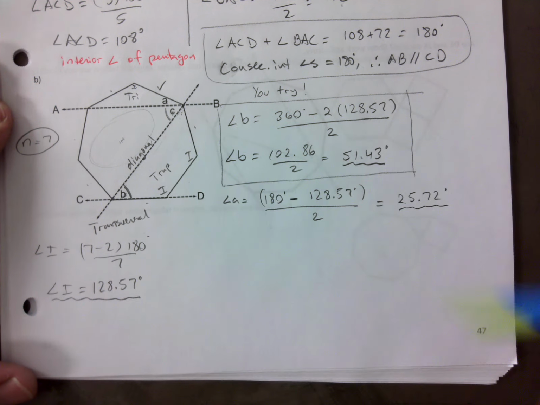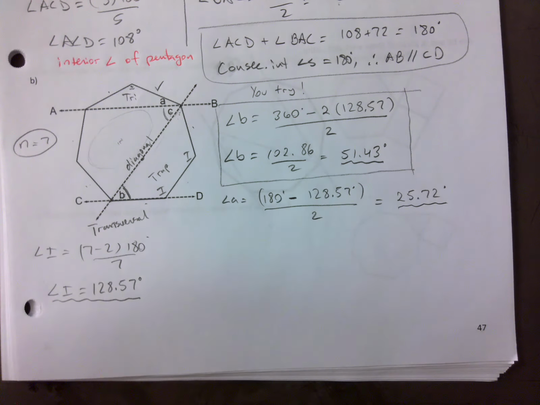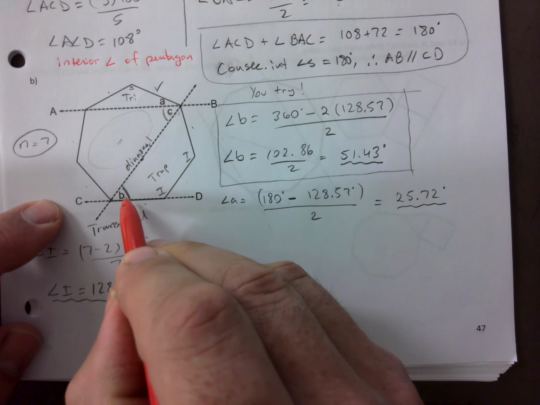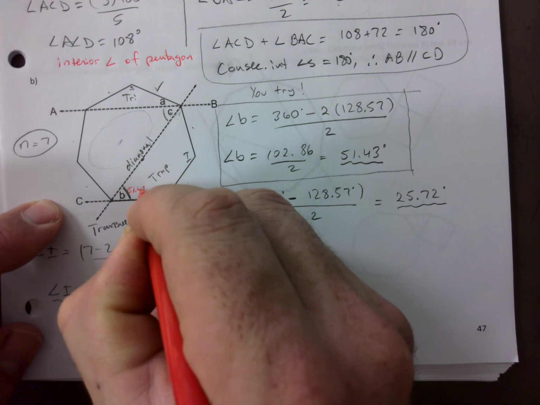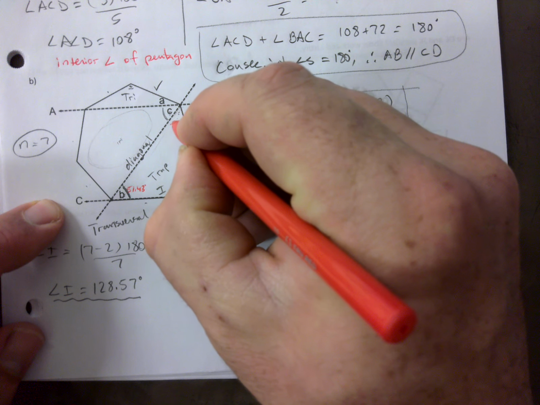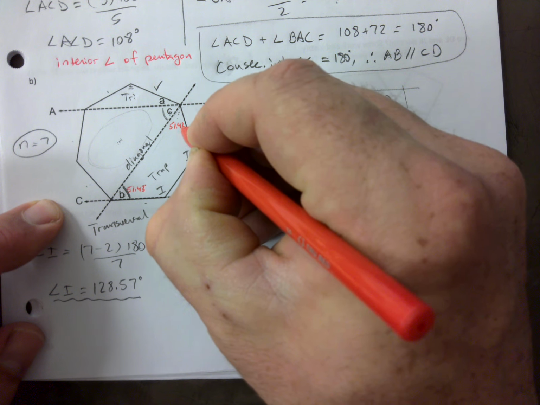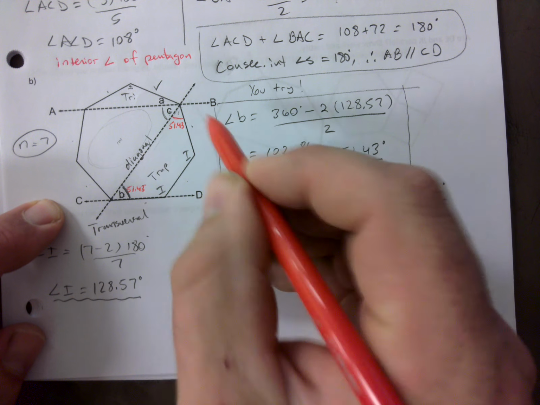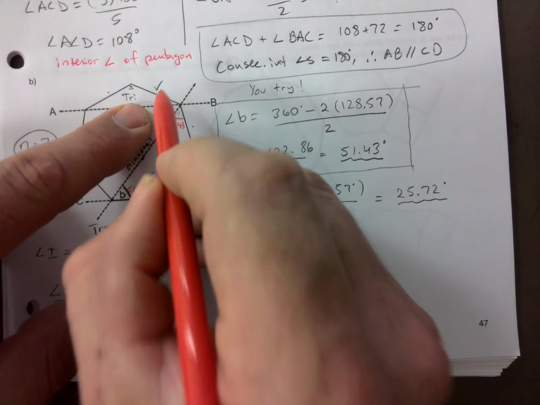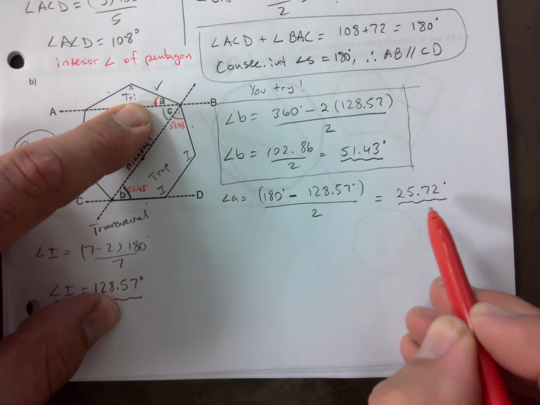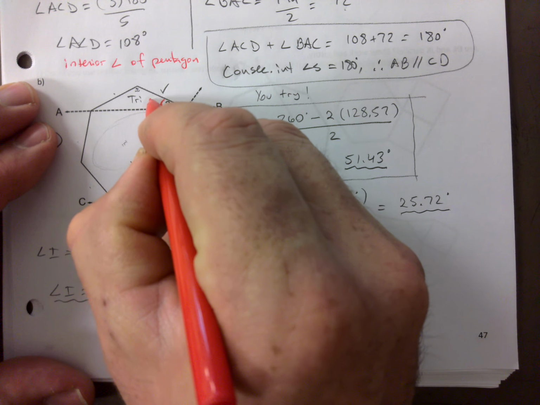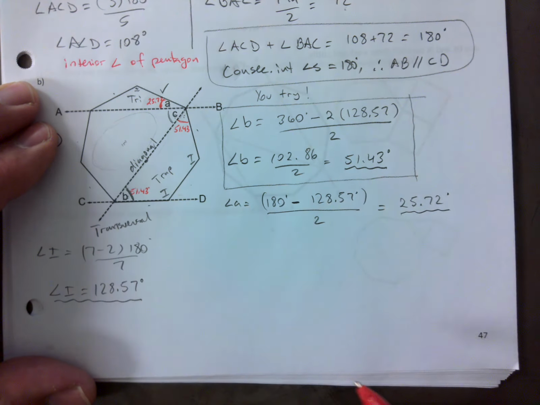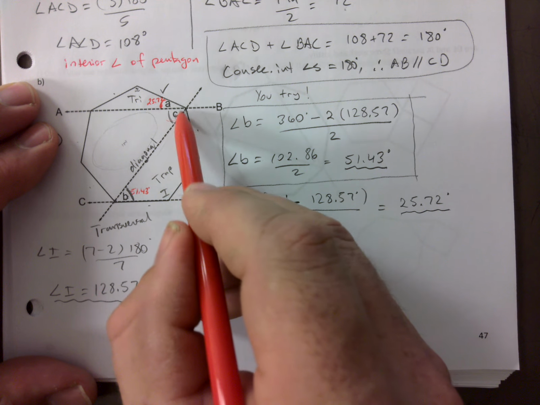Why is that? Here's why. Okay, last one. So B is 51.43, right? Let's write it in. 51.43. And so is this one, 51.43. Okay, this angle is 51.43 as well. I found that this angle right here, I just calculated, is 25.72. Okay. So now I can solve for this one.